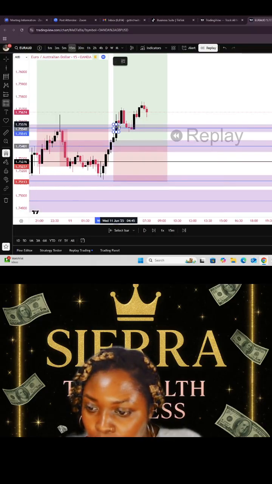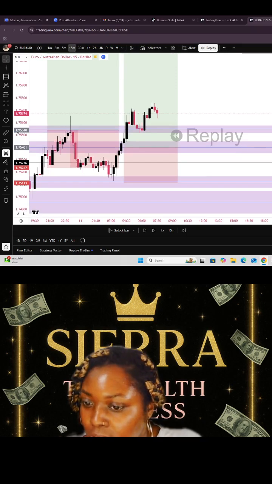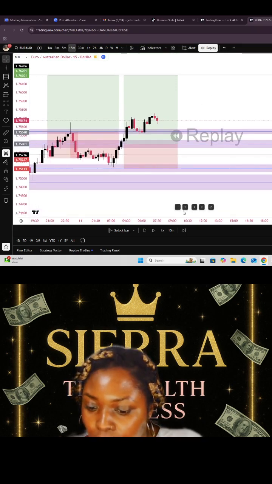Price instead pulled back here. So it's not going to let us in this one, but it's going to play out.